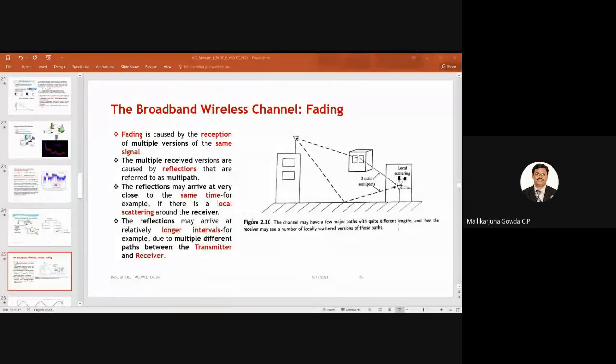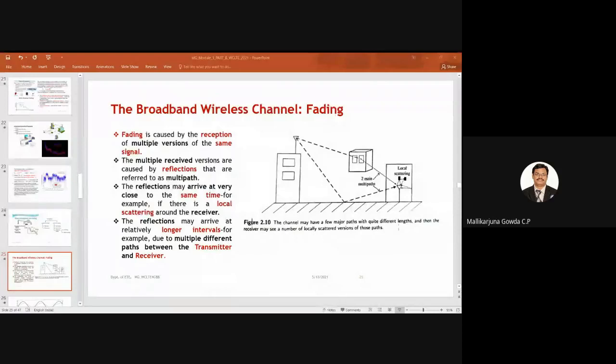I'm asking why we get the same signal multiple times at the receiver.